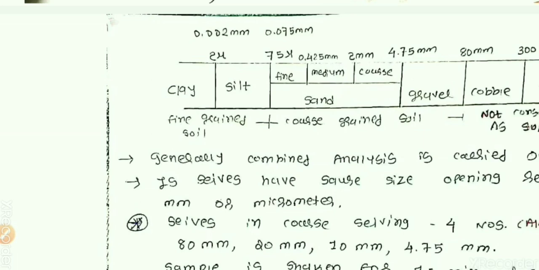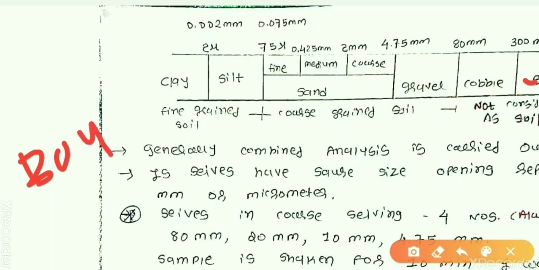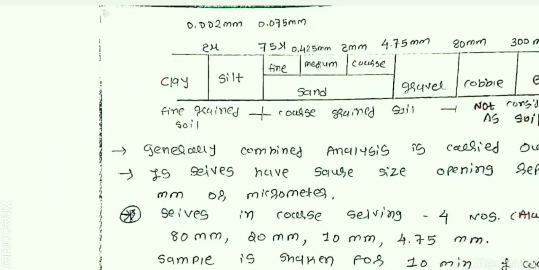If greater than 80 mm, then we call it cobble, and if greater than 300 mm, then, though it is not covered here, I am writing it, it is called boulder. If between 80 and 300 mm, then it is cobble. If 4.75 to 80 mm, then it is called gravel.